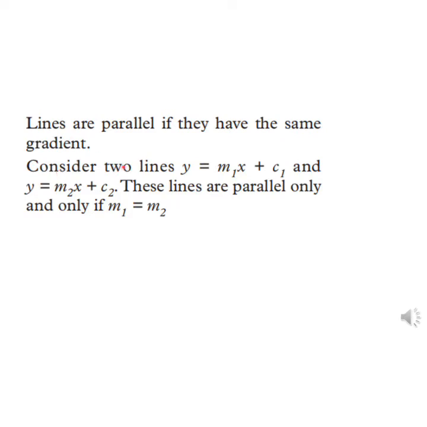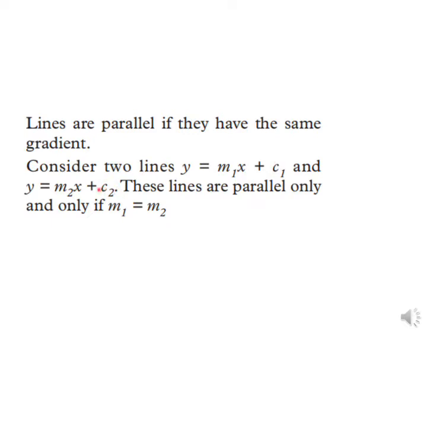Consider two lines. The first line is y is equal to m1x plus c1, where m1 is the gradient of the first line, and y is equal to m2x plus c2, where m2 is the gradient of the second line, where c1 is a constant value of line 1 and c2 is a constant value of line 2.